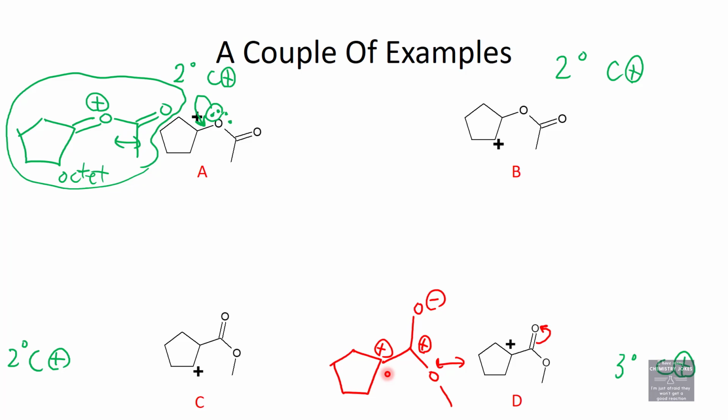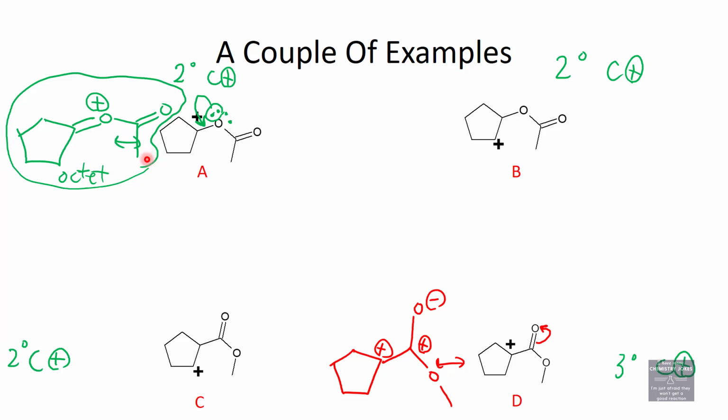Oh my, that's terrible. That's awful. This carbon is partially positive. The reason I know that carbon is partially positive is because this resonance structure exists. So if I drew the hybrid, there would be a partial positive on this carbon down here. Partial positive next door to a carbocation, that's awful. It's really bad.